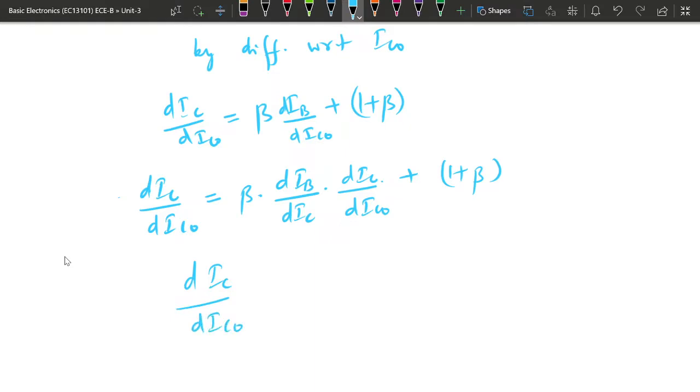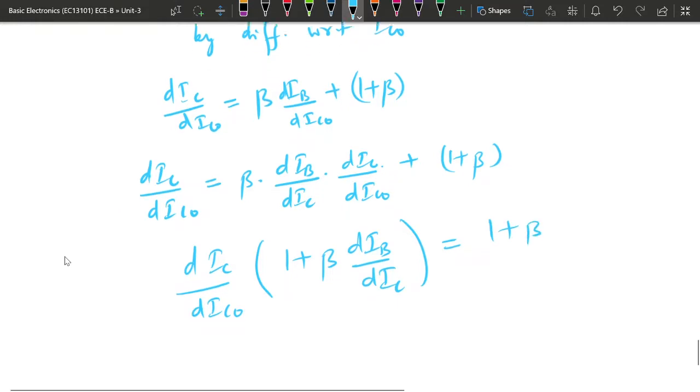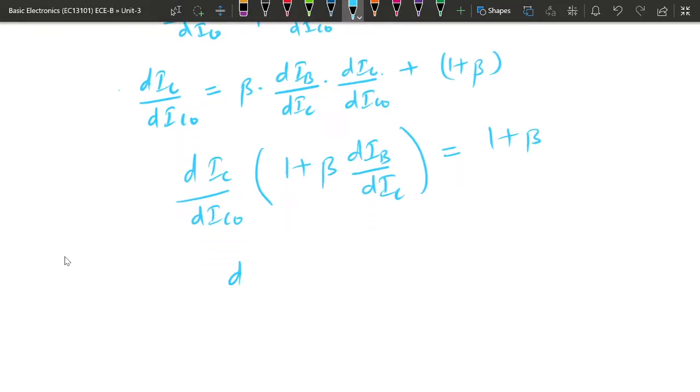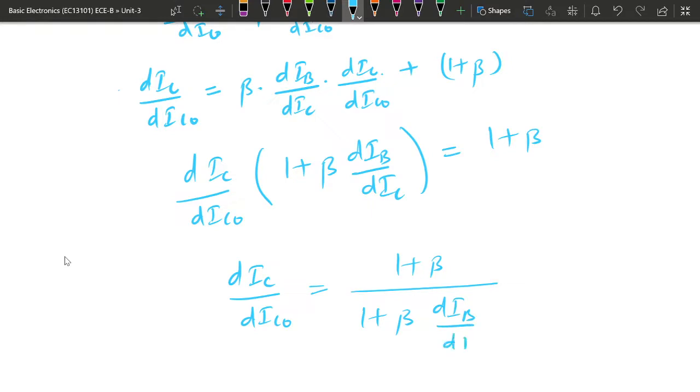By transferring this to this side and taking DIC by DICO common, we get 1 minus beta DIB by DIC is equal to 1 plus beta. Okay, so from there DIC divided by DICO is equal to 1 plus beta divided by 1 minus beta DIB by DIC.